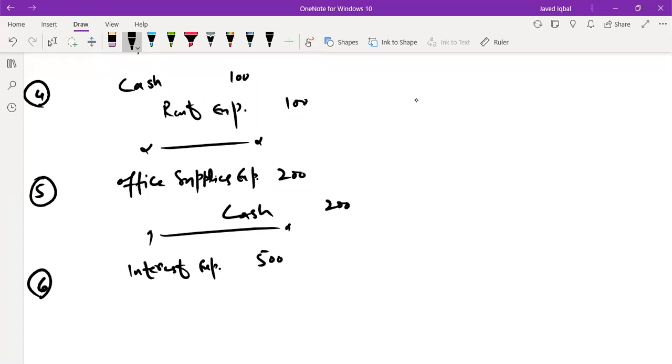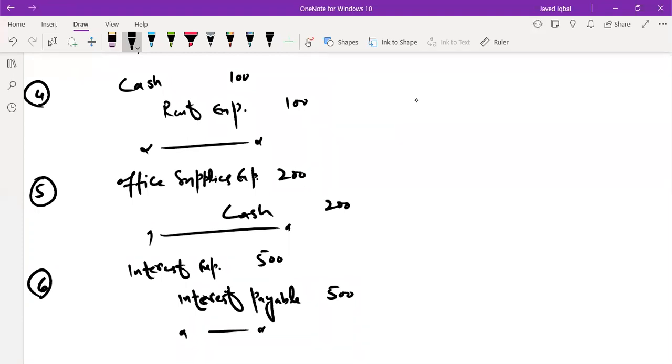Now, interest expenses when incurred are not normally paid in cash. It has a certain time period or delayed payment option. So it's better to write them as payables. We could easily have written cash here, but we are not writing cash here. So it is interest payable on the credit side.